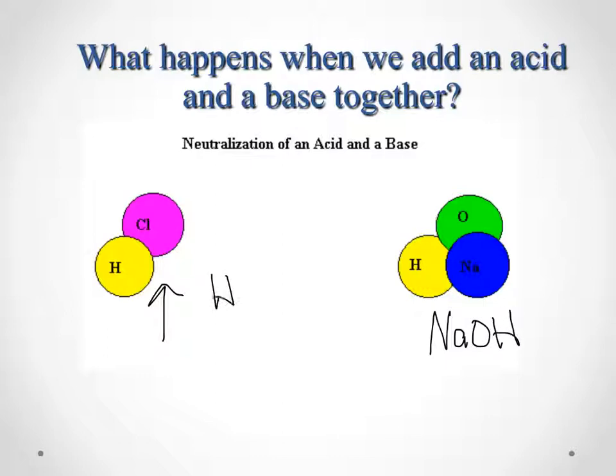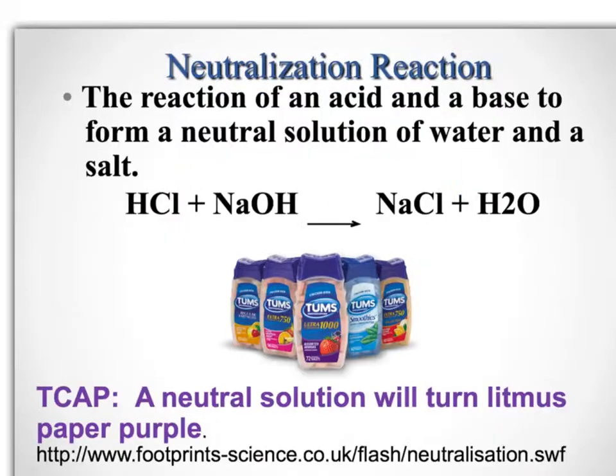So the question is, what happens when you combine those two things together? When you combine an acid and a base together, you do end up with a special kind of reaction called a neutralization reaction. I'll show you what that looks like.